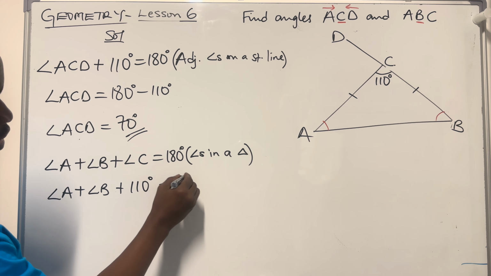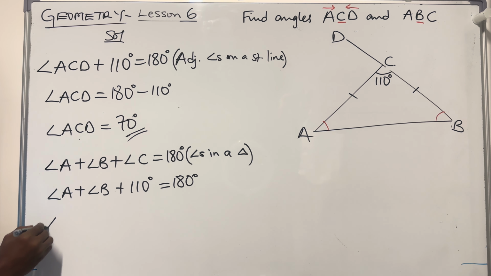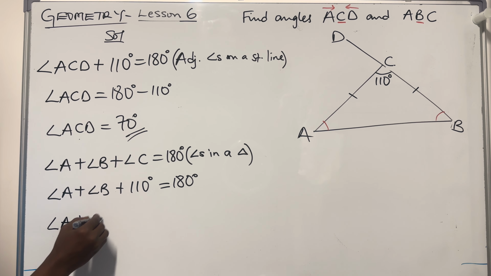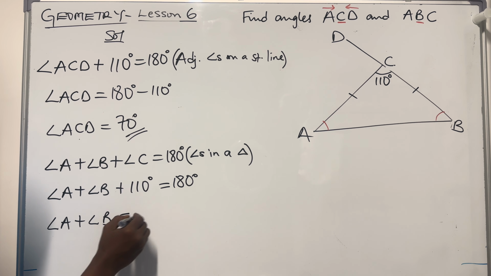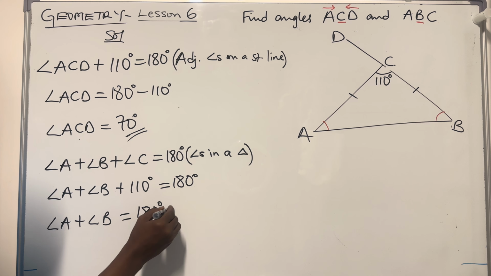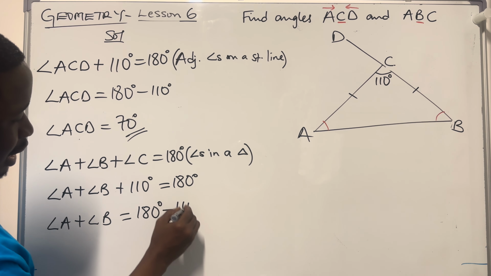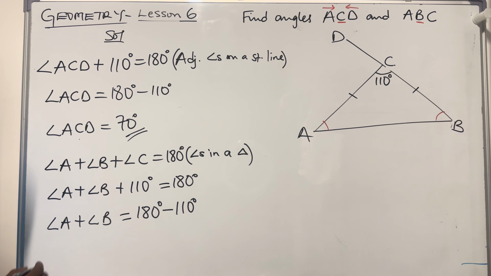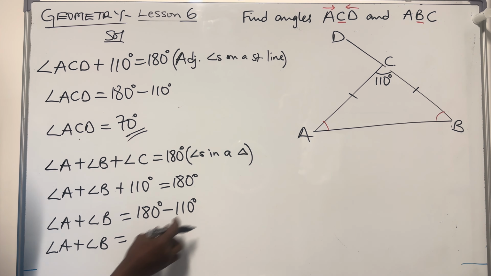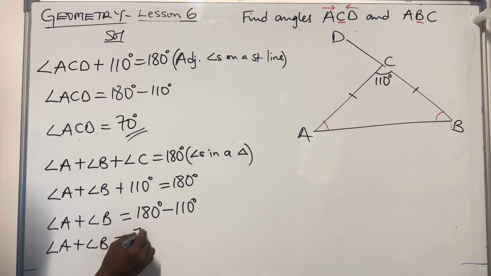So angle A plus angle B equals 180 degrees minus 110 degrees, which is 70 degrees.